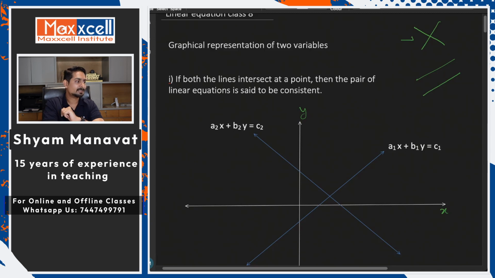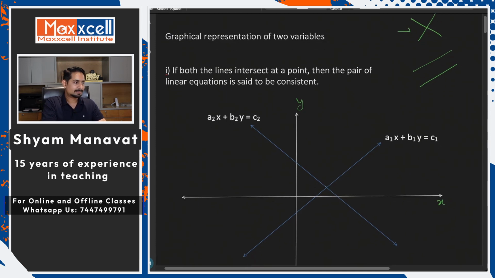Similarly, the second equation I have taken a2x plus b2y equal to c2. Now this diagram shows that these two lines are intersecting. Two lines will intersect at one point. Assume the coordinates of this point are p comma q. How do we represent a coordinate?